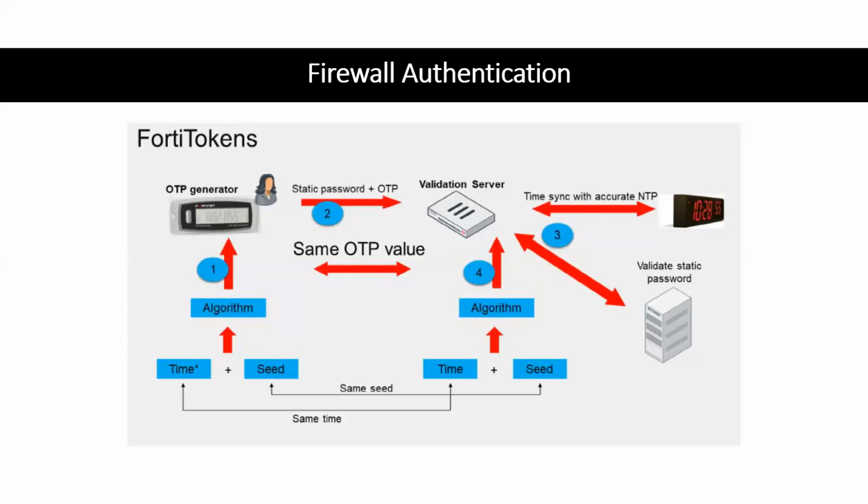That clock is synced up on the token and on the FortiGate, aka the validation server. So whenever the end user puts in the one-time password, or OTP, from the FortiToken and the static password they have for their account, all of these things are happening in the background.